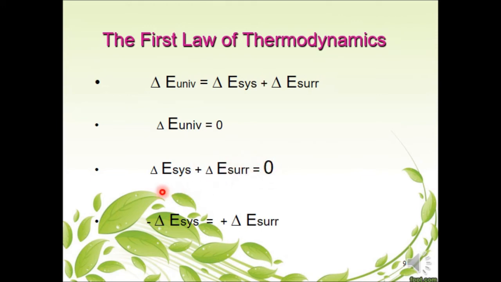Therefore, we rearrange this expression: the change of energy of the system will be the opposite of the change of energy of the surrounding, with opposite signs. One will be positive, the other negative.